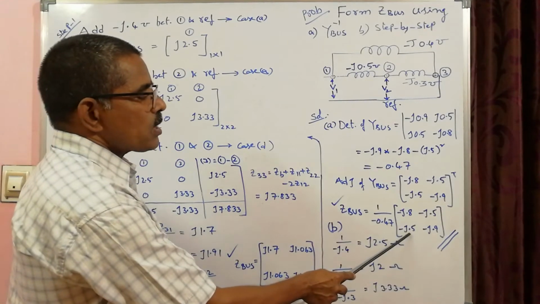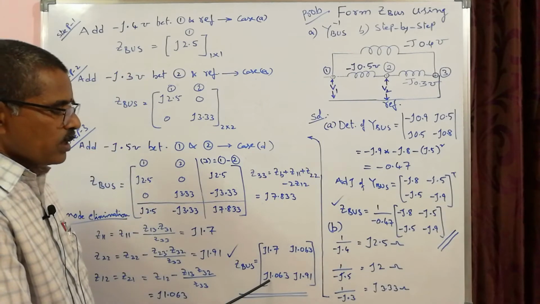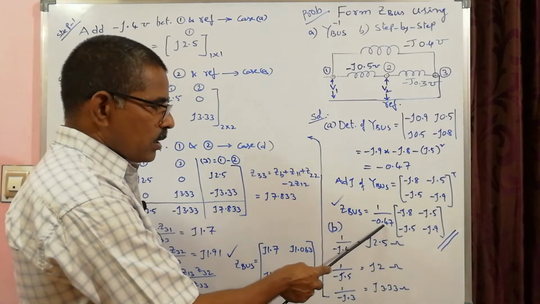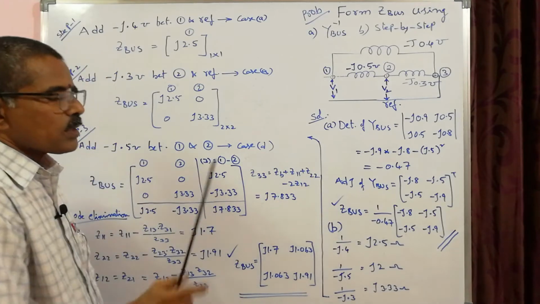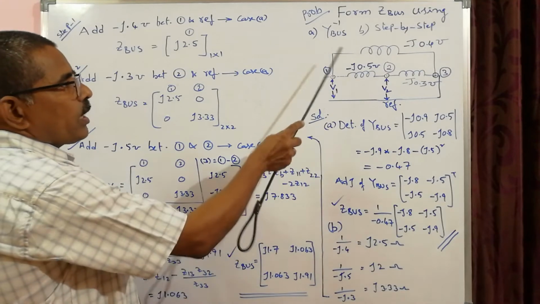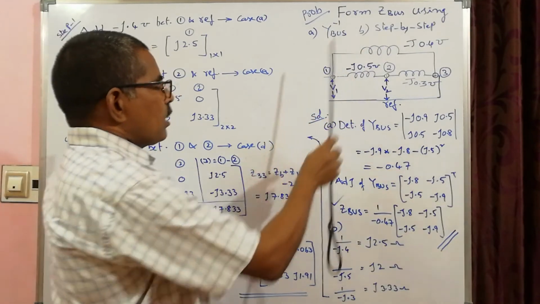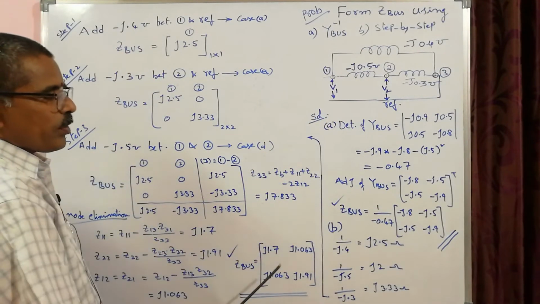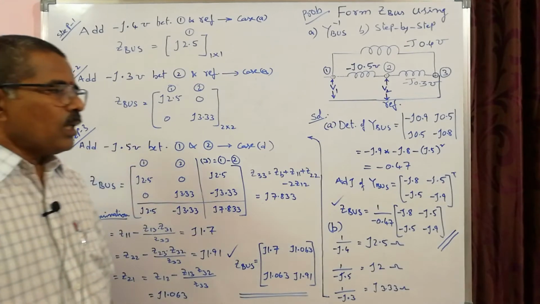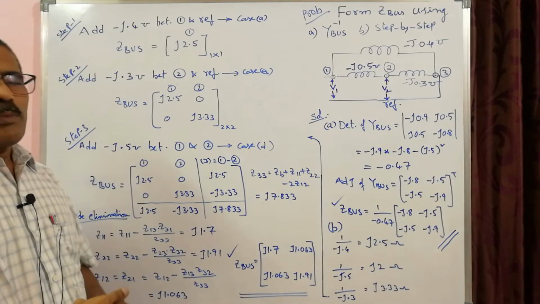So, likewise minus J0.5 divided by minus 0.47 is going to be J1.063 and J0.9 divided by minus 0.47 is this. So, in both ways, forming Y bus and taking its inverse, and the step by step, in both ways the Z bus result is going to be the same. Okay. I hope it is very clear to all of you.